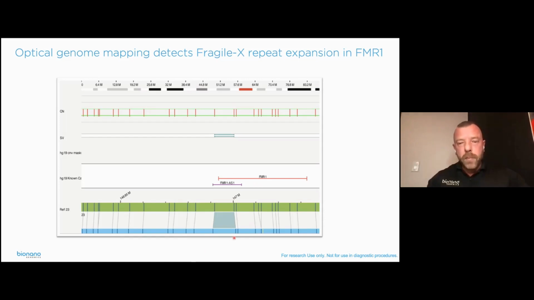With optical genome mapping, we can perfectly detect the expansion here. This is a total of about 1,000 base pairs expansion in the FMR1 gene. So again, this allows you to really get the data that require multiple tests right now in one. This is a repeat expansion.